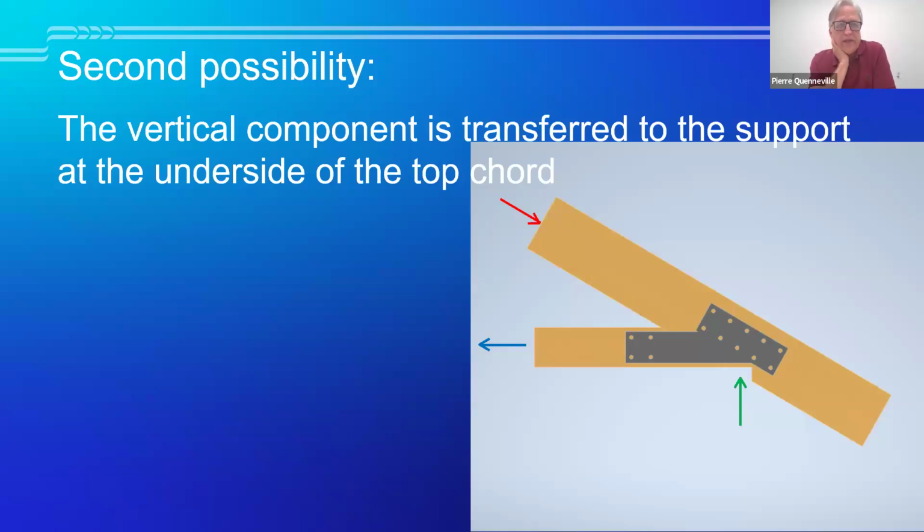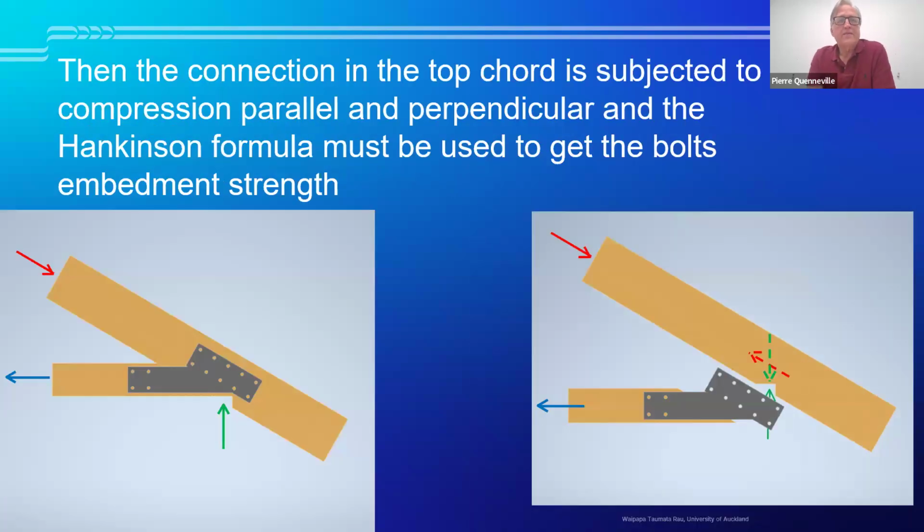The second possibility is if the vertical component is transferred to the support at the underside of the top cord. So in this case, the top cord would be subjected to compression parallel and compression perpendicular, and the Atkinson formula would need to be used to get the bolt embedment strength at this point.